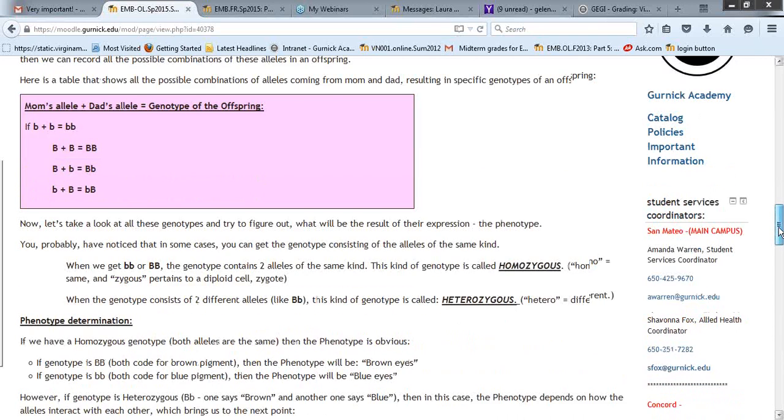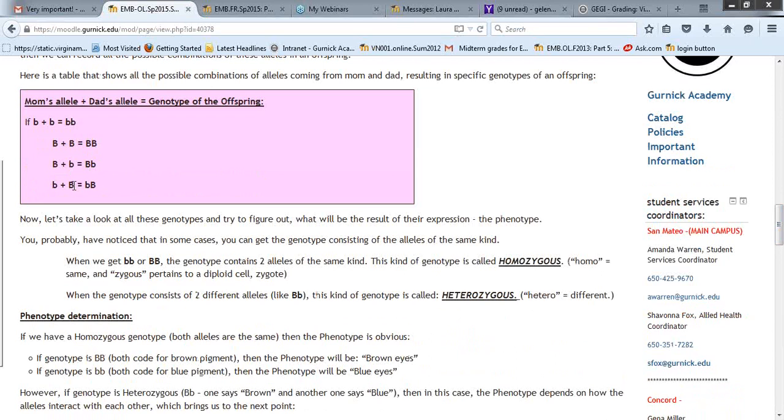And then if you inherited little b from mom, a big B from dad, then your genotype is again big B, little b. It doesn't matter which one you put down first. What matters is the list, what's present.